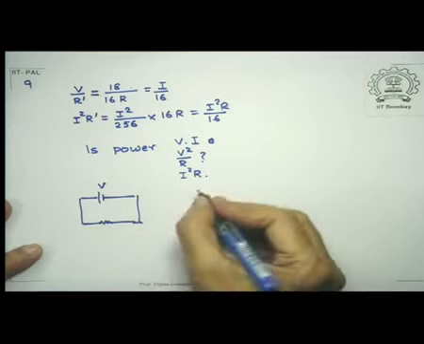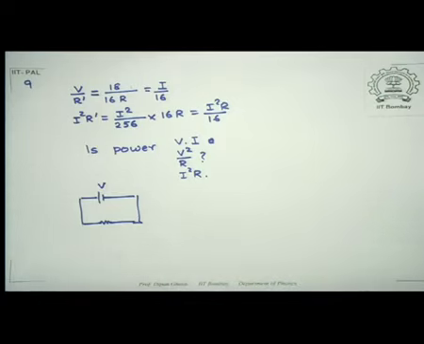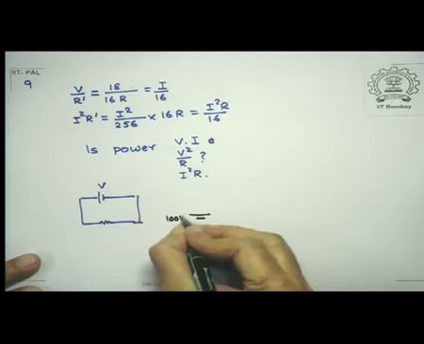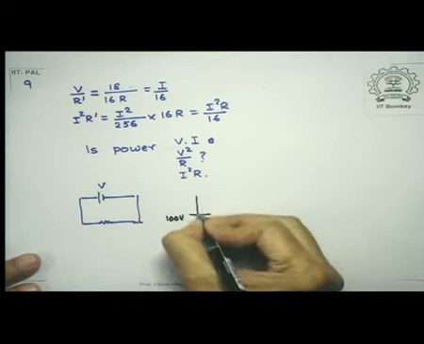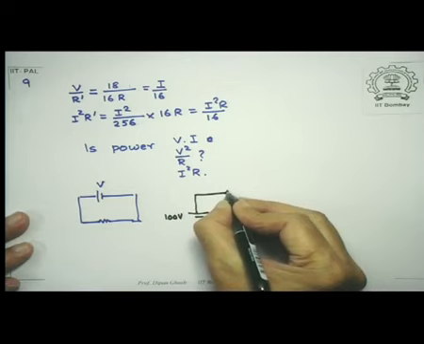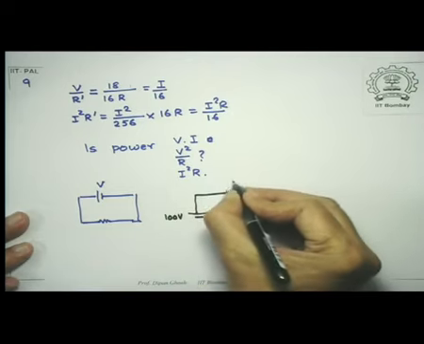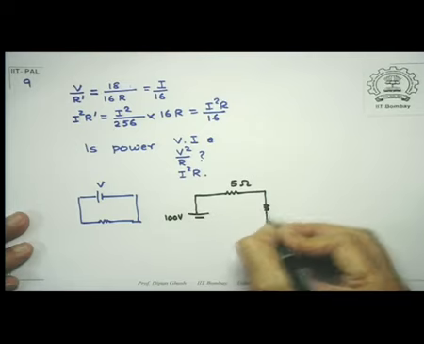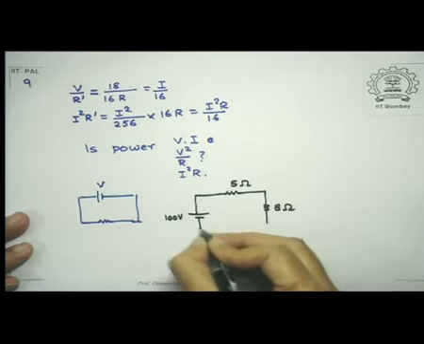But suppose I have a slightly different problem. I have a 100-volt source. There are three resistances there: 5 ohms, 8 ohms, 7 ohms.